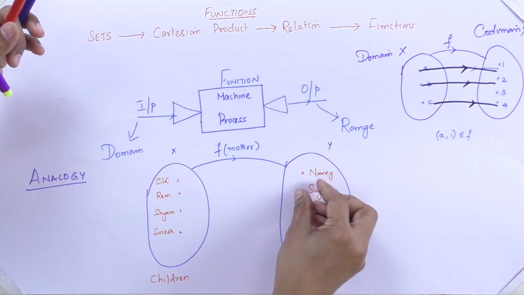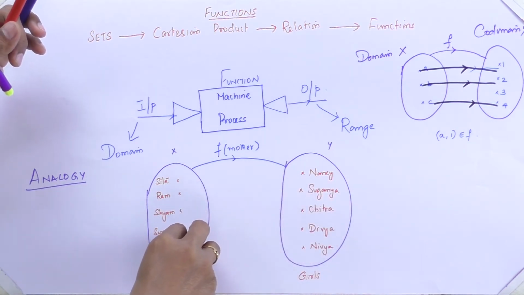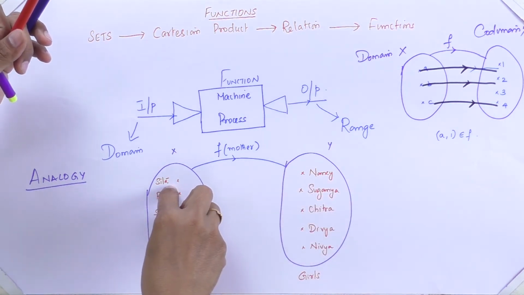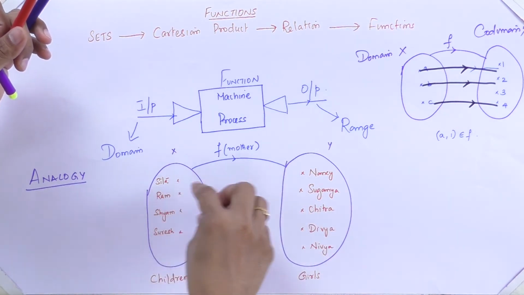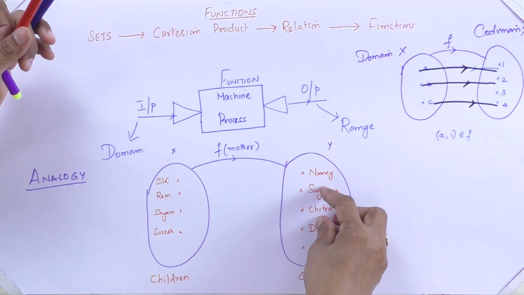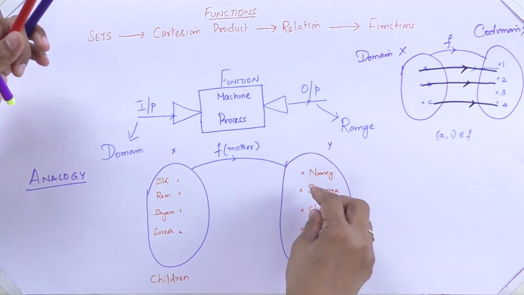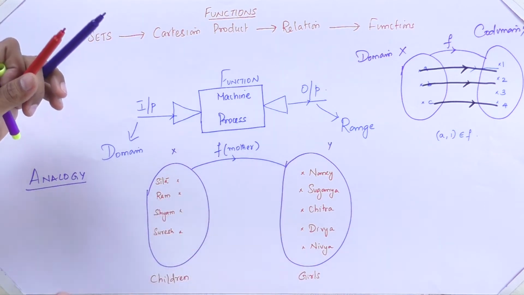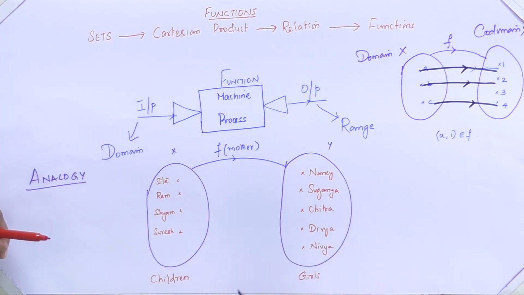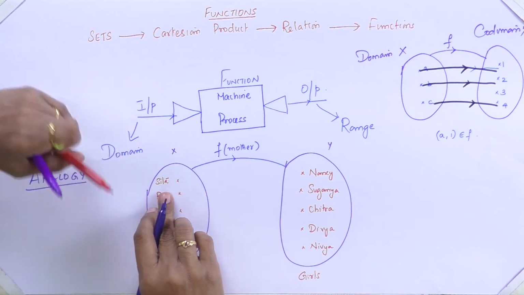So the mothers may have 2 or more children, or the other way I can say that 2 or more children can have one mother. But 2 different mothers cannot have a child. The same child cannot be assigned to 2 or more mothers. See here for example, I have Sita.